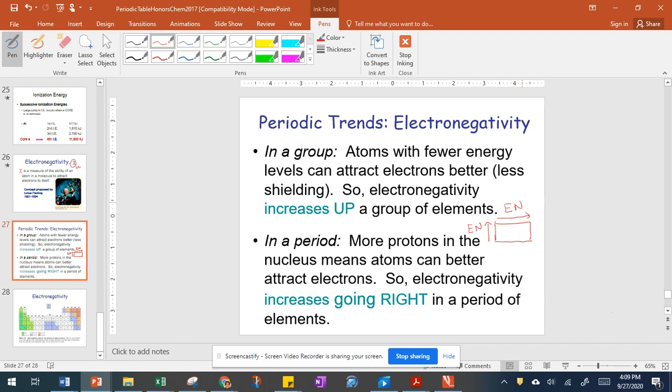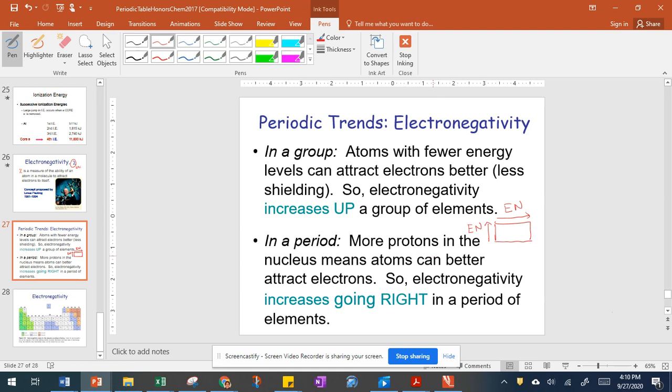So what we see is that if we have fewer energy levels, a nucleus can attract electrons better because there's less shielding, there's less electrons in the way of the ability of the nucleus to attract other electrons. So electronegativity increases going up a group of elements.